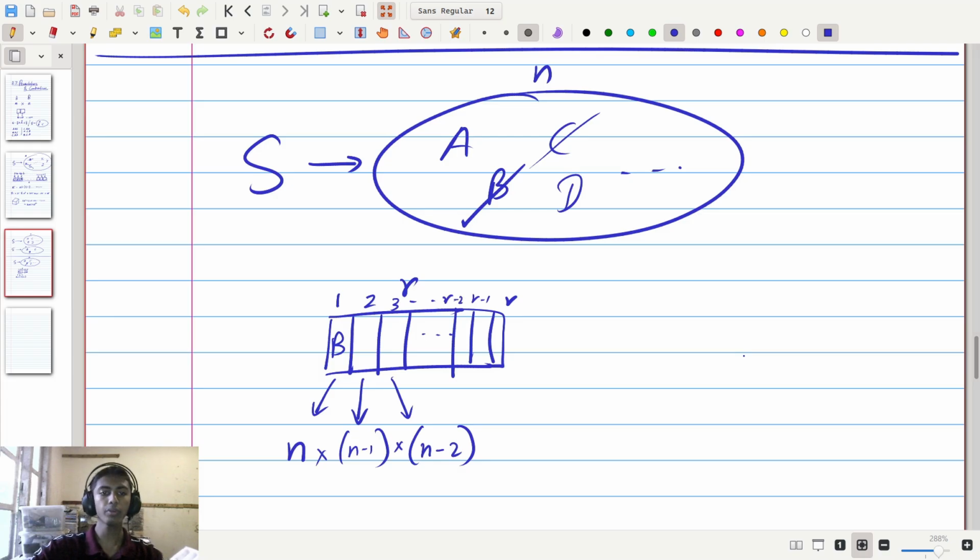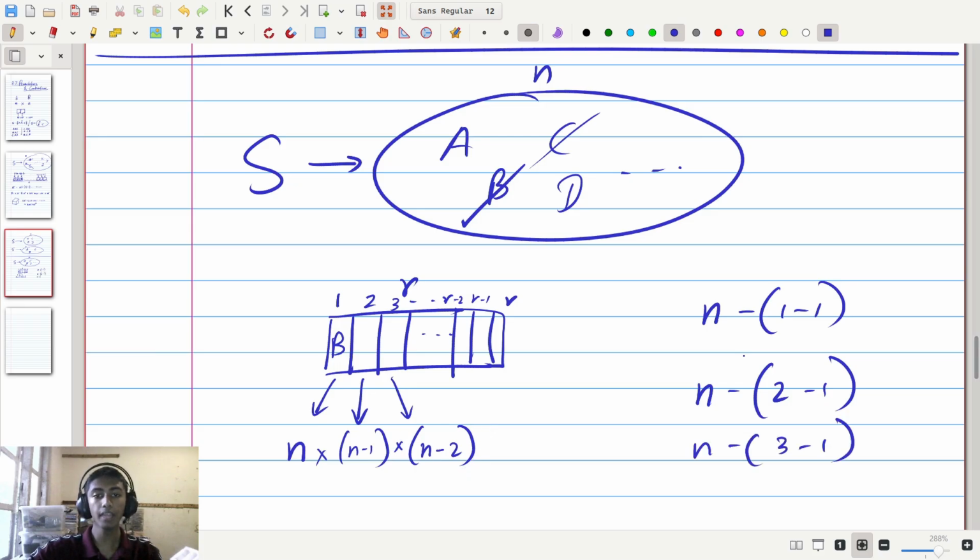So given this, we can see that if the first choice is going to have n total choices, the next one has n minus 1 total choices, and the next one, n minus 2. The next option here is going to be n minus 3.